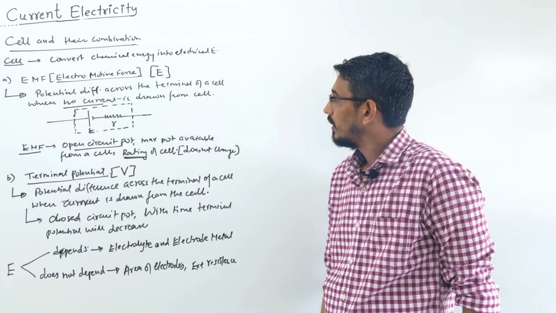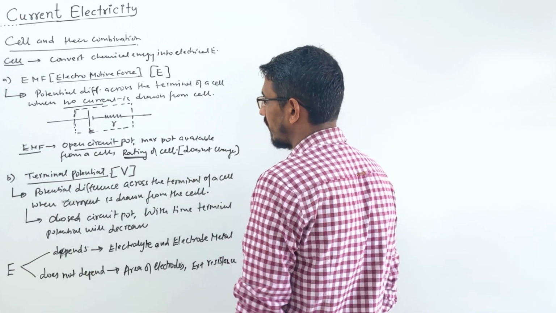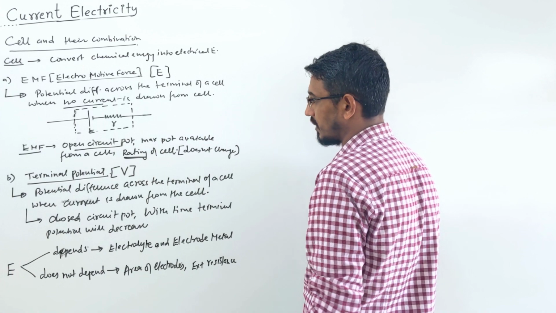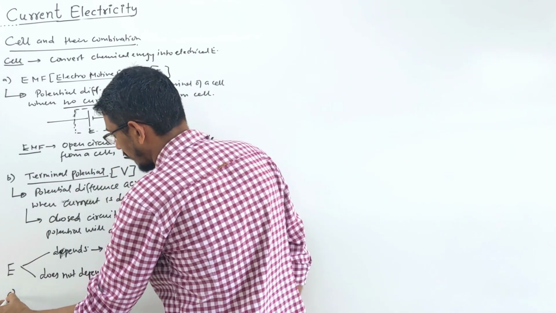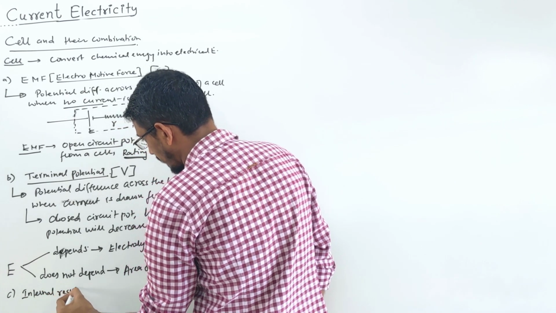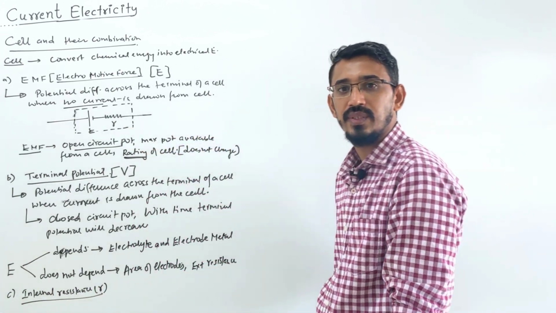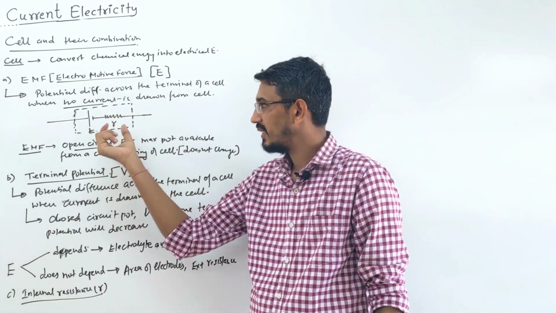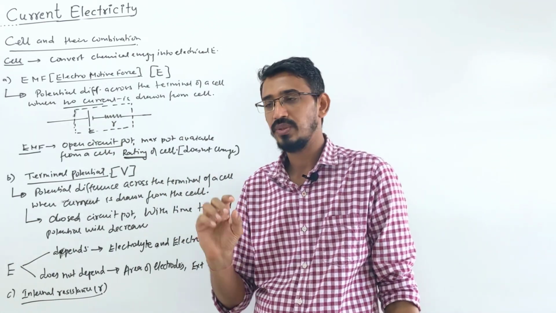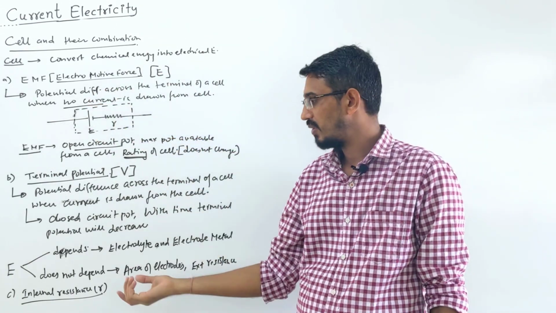Okay. Now one more term I have to define, that's called internal resistance. Then I will write charging and discharging of battery. So let me write internal resistance. Hope you can see. Internal resistance, we write with a small r symbol, right? Obviously this cell has electrolytes, some material that will also have some resistance. So the resistance offered to current by the material of the cell itself, that's called internal resistance.